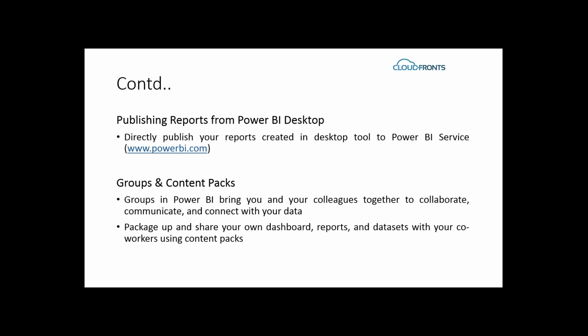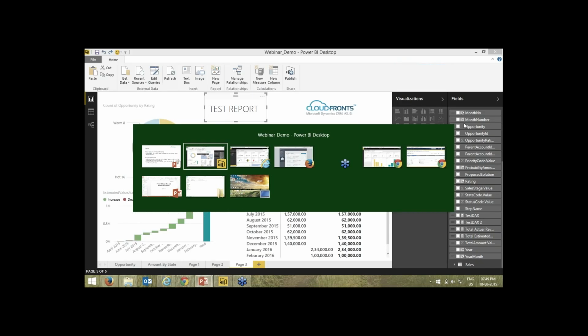So what I can do, I will create a group. I will share this report within the group. So if any group member is making any changes, that can be seen by everybody. So everybody has the same privileges. So I will show you how we can do that.